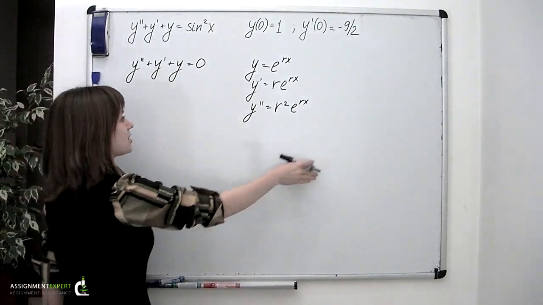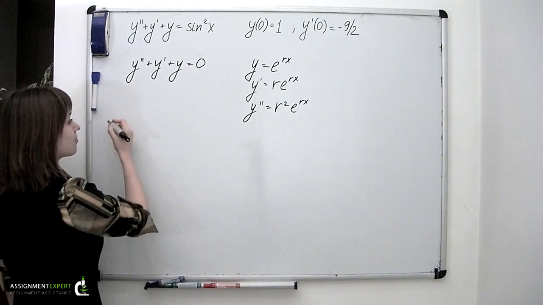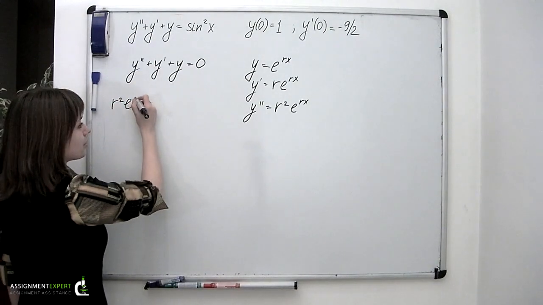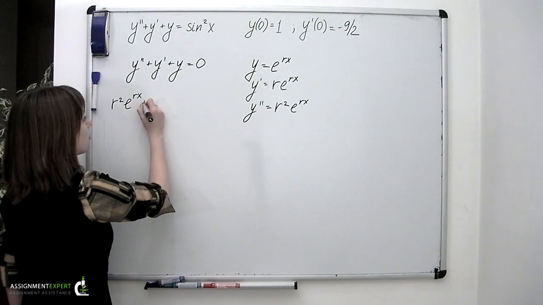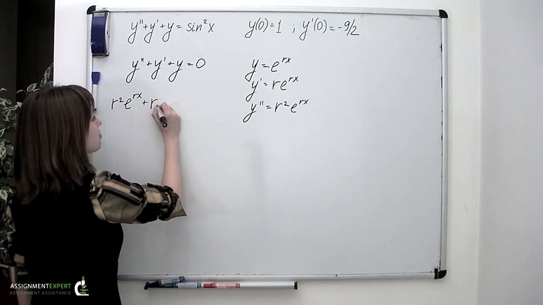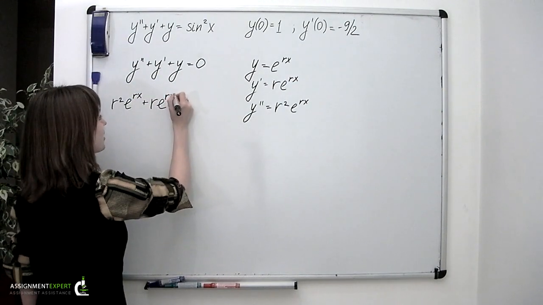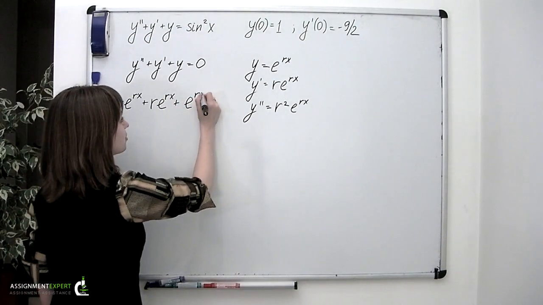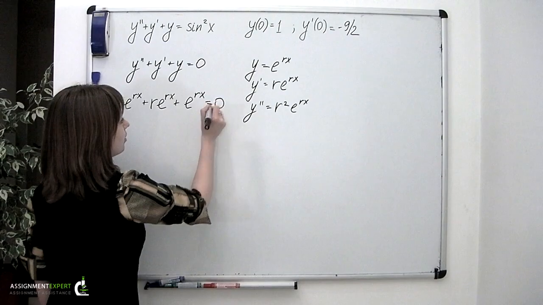Now let's substitute these into our equation. So we go r squared times e to the power of rx plus r times e to the power of rx plus the single e to the power of rx equals 0.